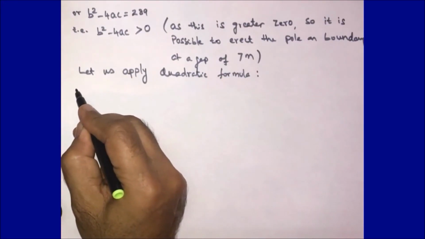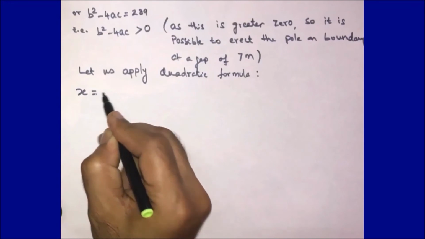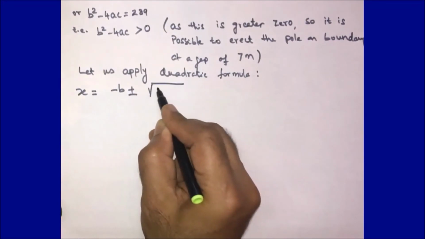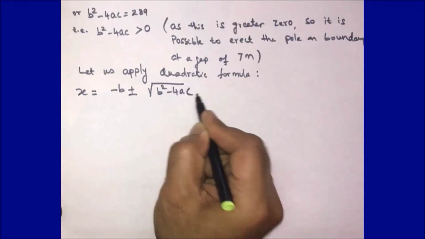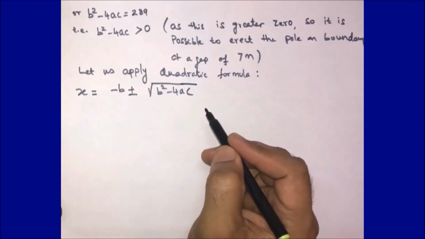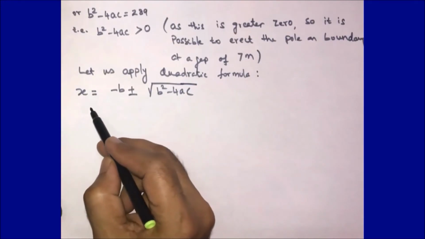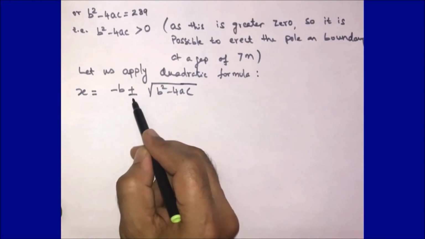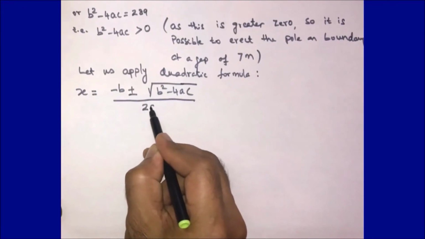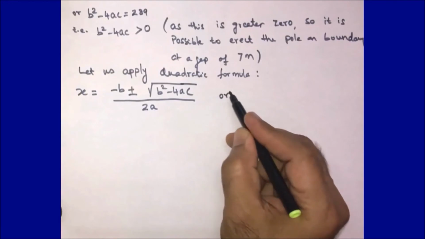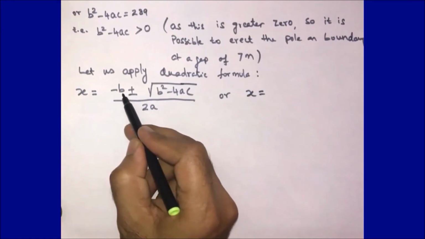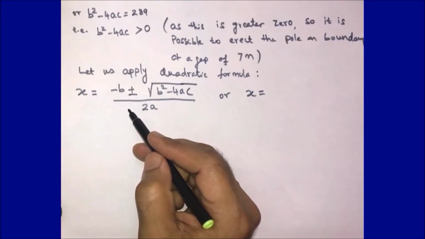Now, the quadratic formula is given by x is equal to minus b plus or minus root over b square minus 4ac. So this is the quadratic formula, represented as x is equal to minus b plus or minus root over b square minus 4ac upon 2a. Replacing the values, x is equal to minus b.